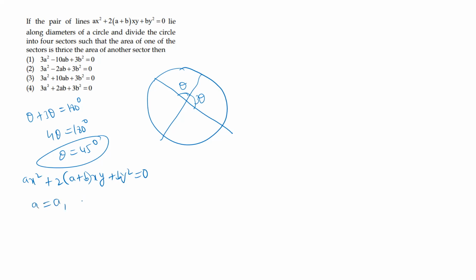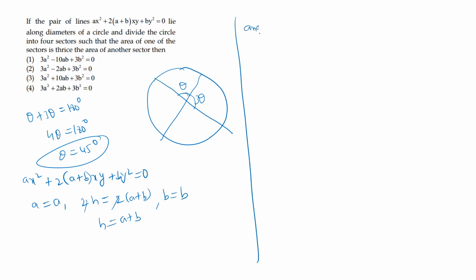A is nothing but a only, 2h is nothing but 2 into (a plus b), the 2 cancels, so h value is a plus b, and b is nothing but b only. Now what is the angle between this pair of straight lines? The angle between a pair of lines: tan theta is equal to 2 into square root of h square minus ab by mod of a plus b.